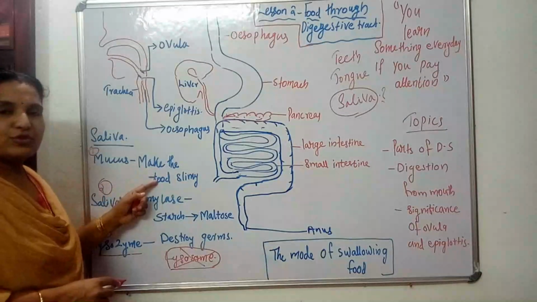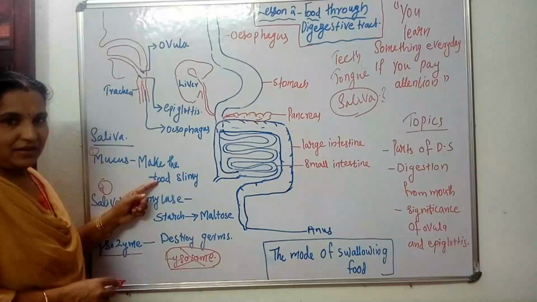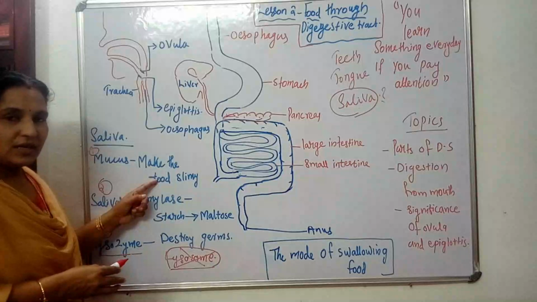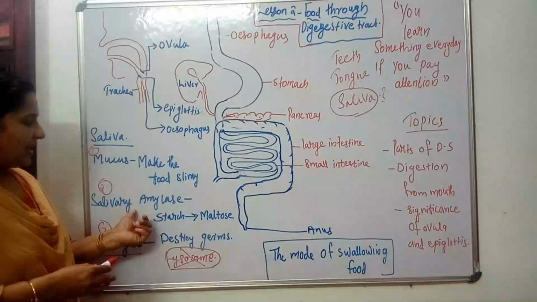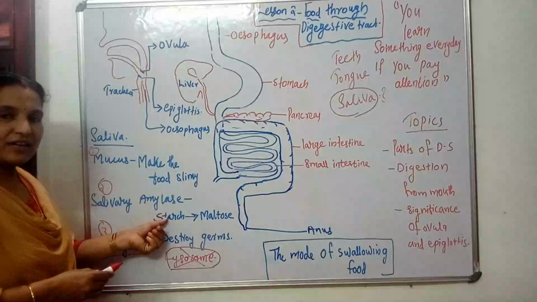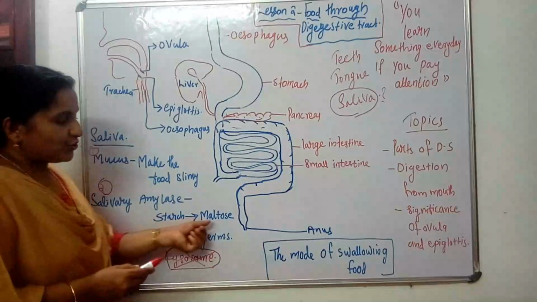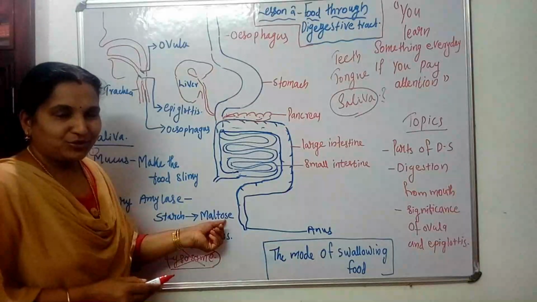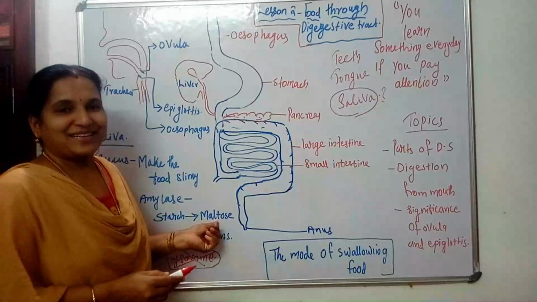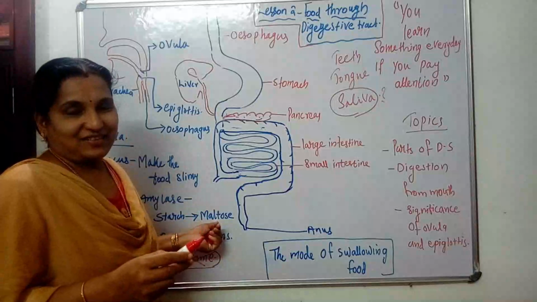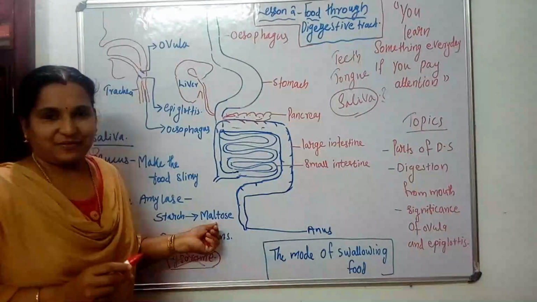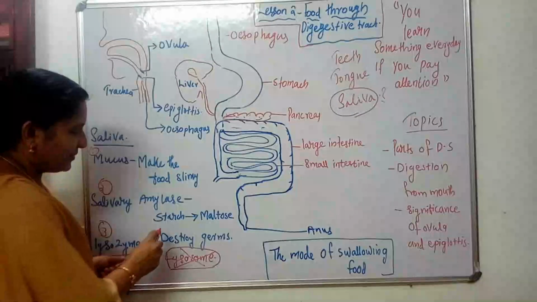Then what is the role done by mucus? Yes, that makes the food slimy. From the mouth, mucus helps to make the food slimy. Then salivary amylase converts starch into maltose. Do you know what is the chemistry behind the sweet taste while we chew raw rice, chapati, etc.? Yes, this is the chemistry.